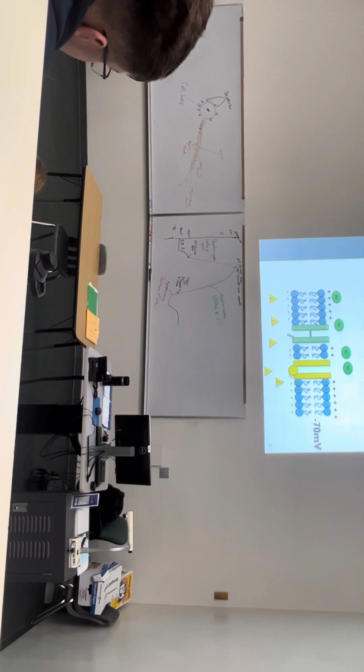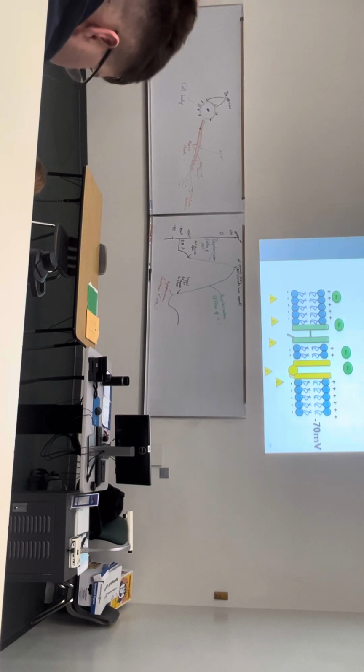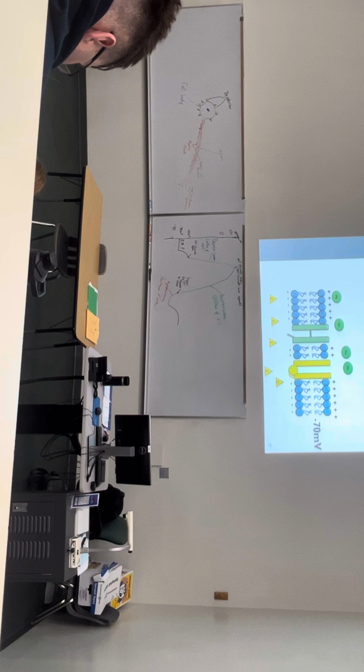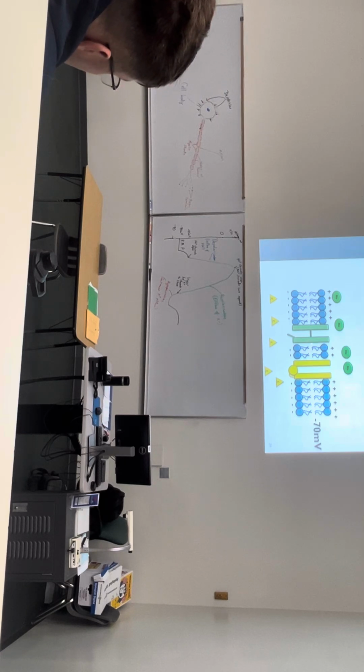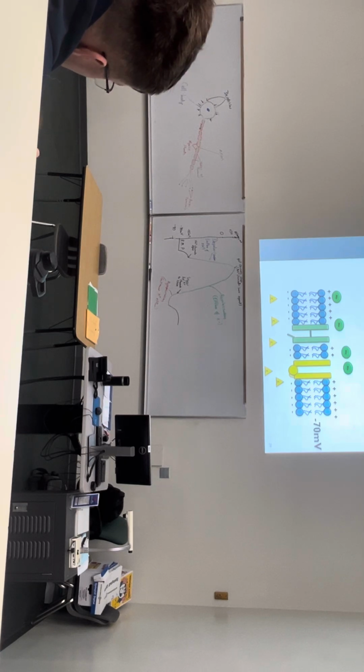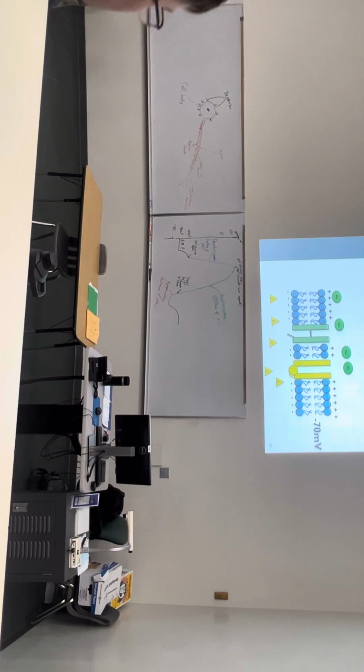This is negative, this is more positive, so which side is this, inside or outside the cell? Inside, more potassium inside, greater sodium outside, more negative inside, right? Here it shows channels, so this is the sodium channel, and this is for potassium.